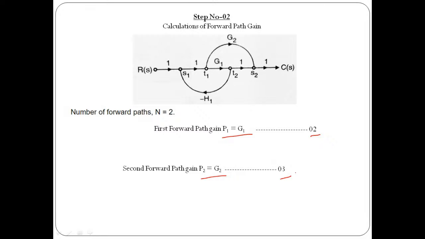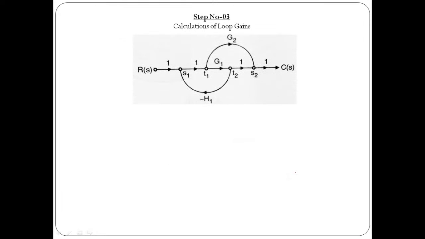And then we need to identify the loop gains. That is important. I think in this case we have only one loop. Let us check. So, calculations for loop gain. In this case we have only one loop, and what is that loop?